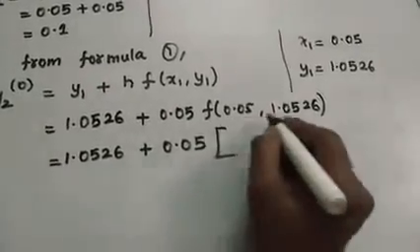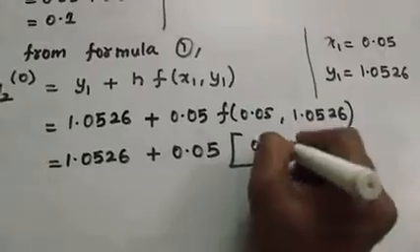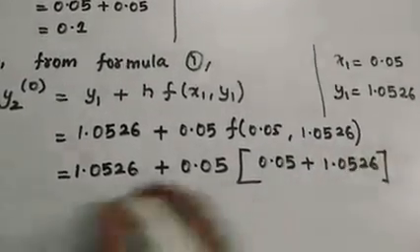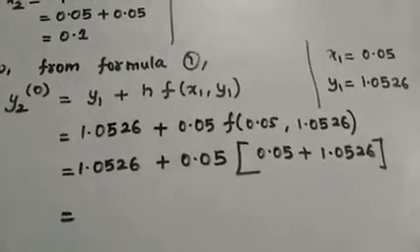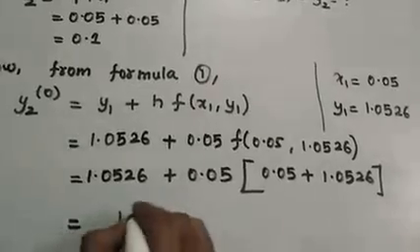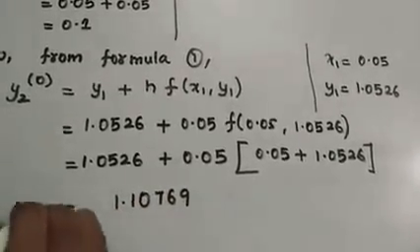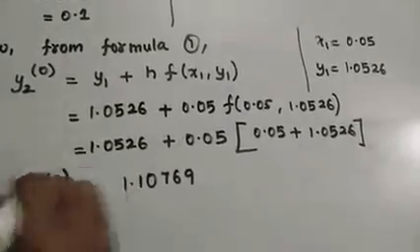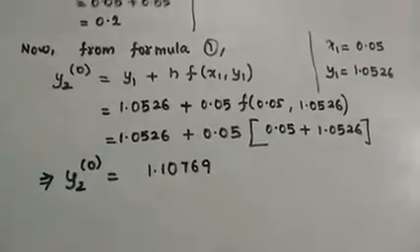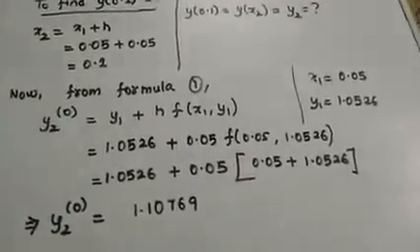That means this is x, this is y, so their addition, 0.05 plus 1.0526. Now if we add and then multiply, you will get 1.10769. This is our y2 at the initial point 0. Okay, so this is from Euler's modified method, first formula.